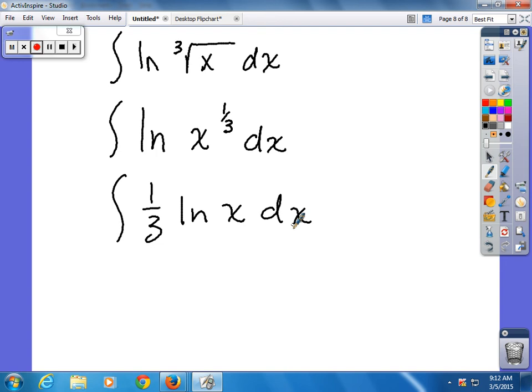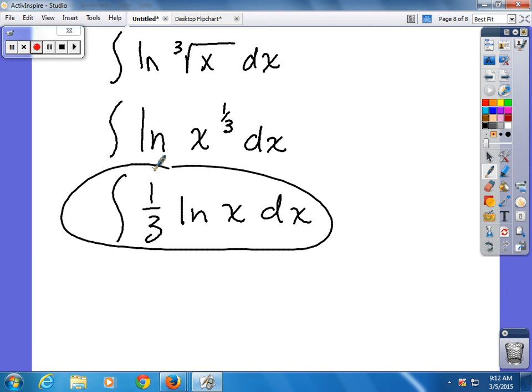Yes or no? So all three of them can be used to get your answer. I think the easiest one is this one. Pull that 1/3 out, and then you got natural log of x dx, and I think we did that one before, did we not?